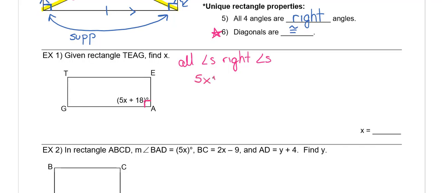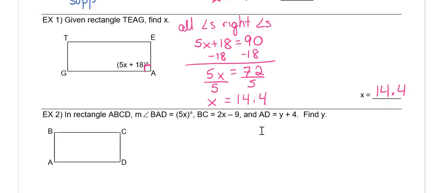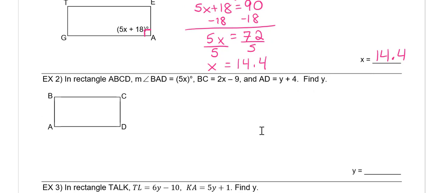So we can set up the equation 5x plus 18 is equal to 90. And we can solve. Subtract 18 from both sides. Divide both sides by 5. So we get x to equal 14.4. That was nothing new. We probably could have done that a couple years ago, maybe even.